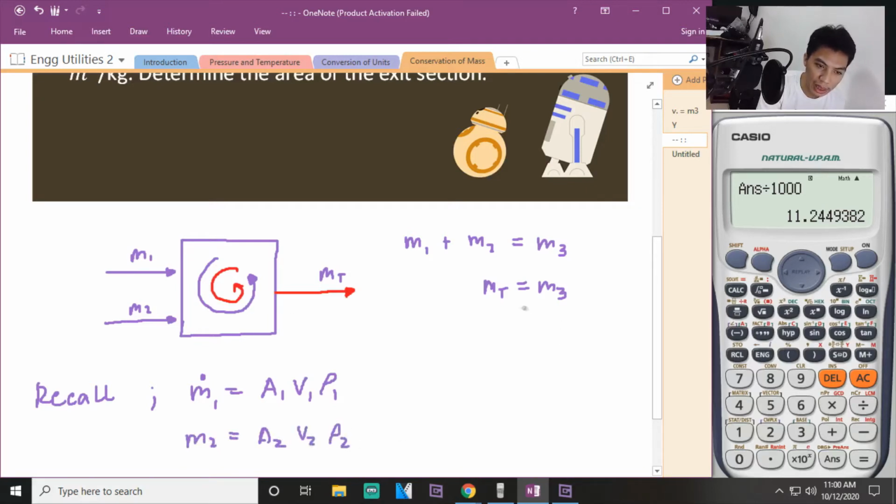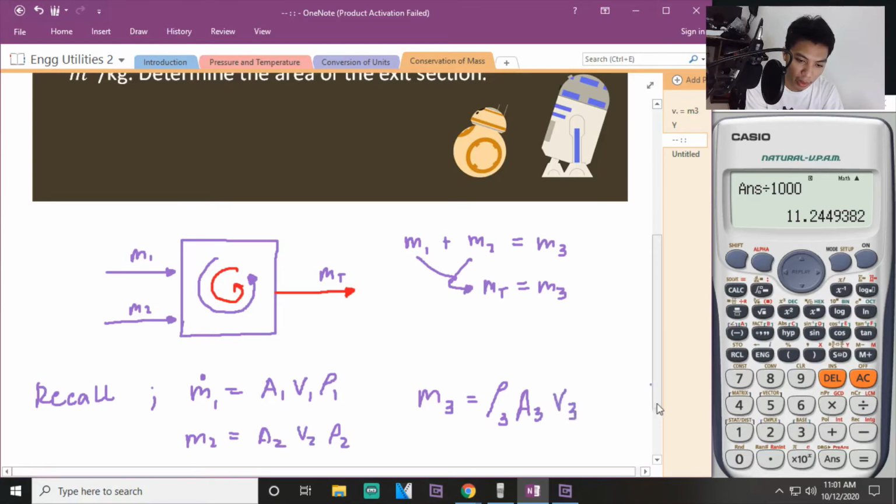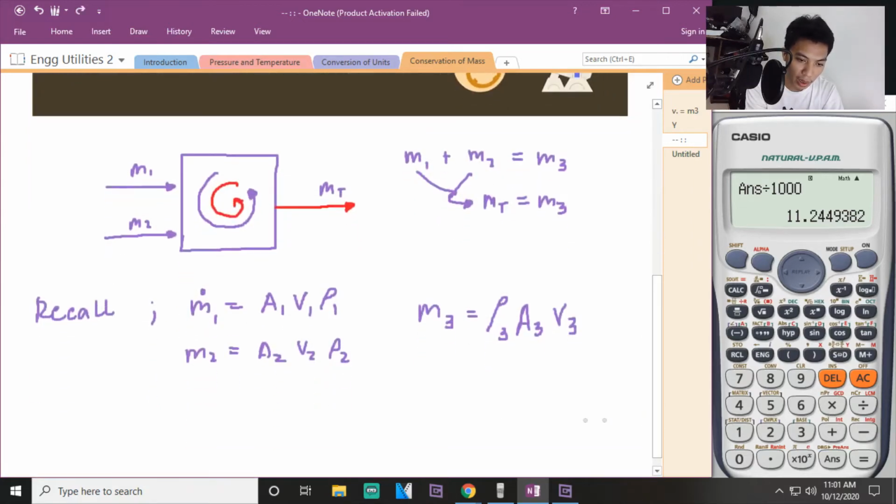Yung mass total kasi, yung magiging individual masses sum. Okay? Pero yung mass 3 natin will have another density 3. Tapos, ano pa? Area 3, velocity 3.